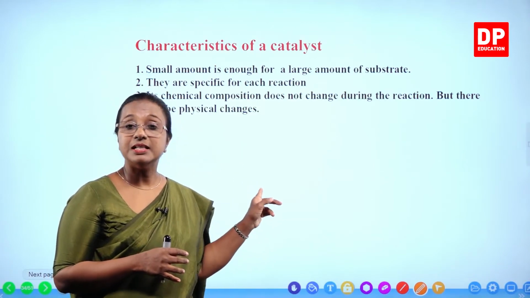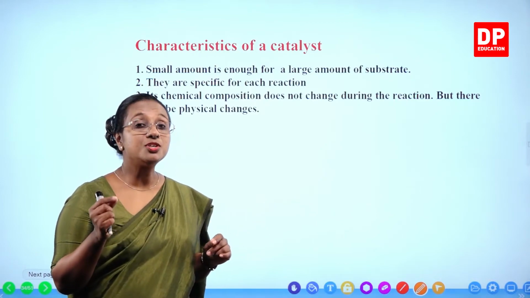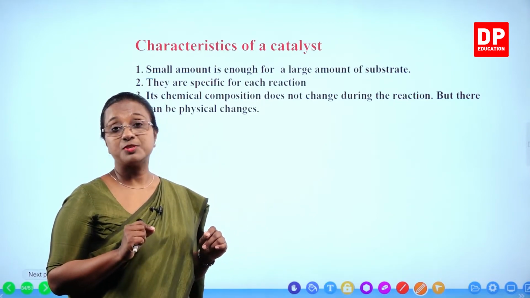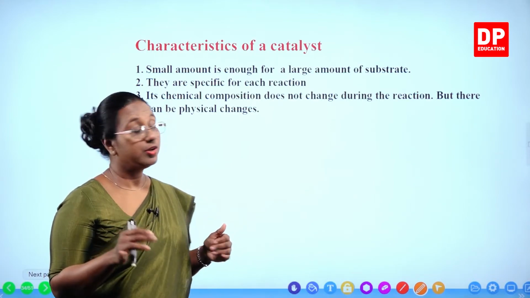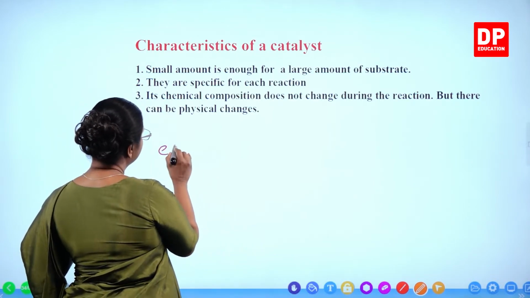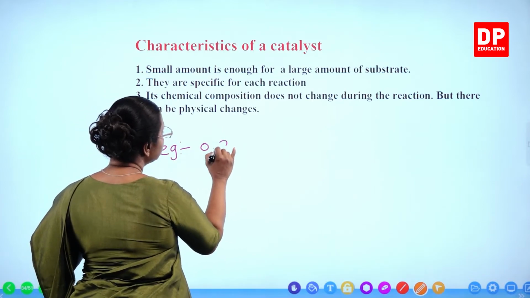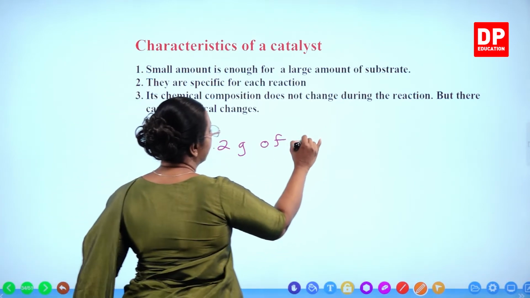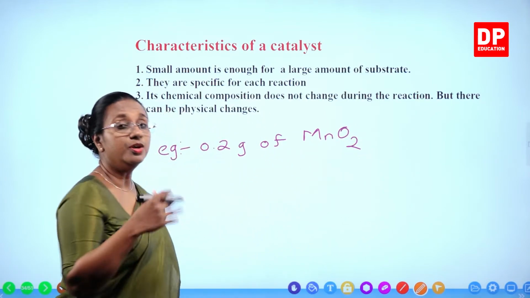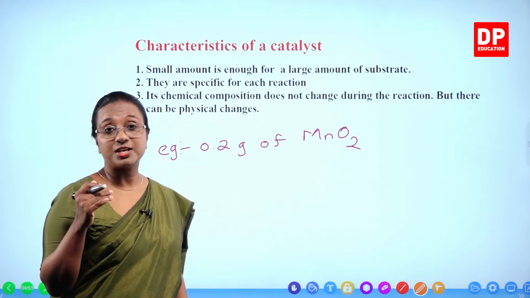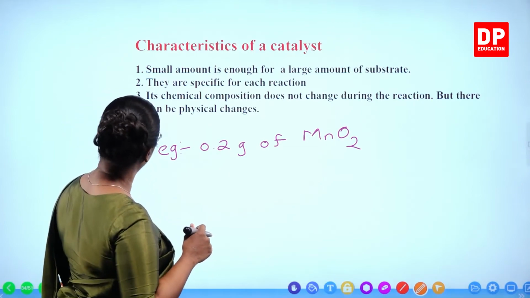If you remember, in the previous reaction, we just used 0.2 grams of manganese dioxide. That is a very small amount, and it was enough to speed up the rate of dissociation of hydrogen peroxide.